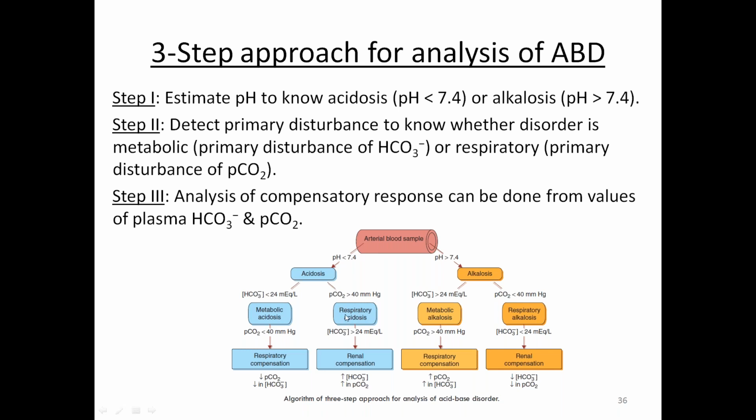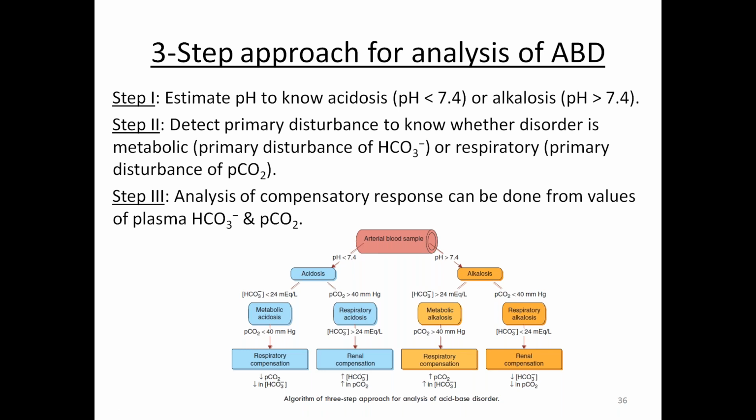Okay. Now understand that when there is metabolic acidosis, there will be a respiratory compensation. Whenever there'll be respiratory acidosis, there'll be a renal compensation. This is something you can take for granted. So here we are expecting renal compensation.